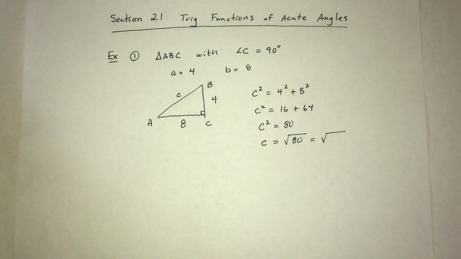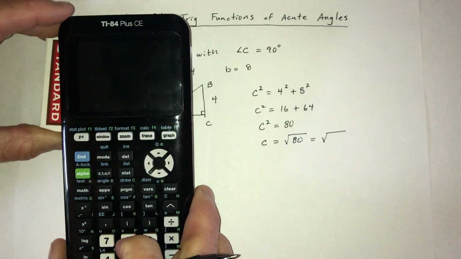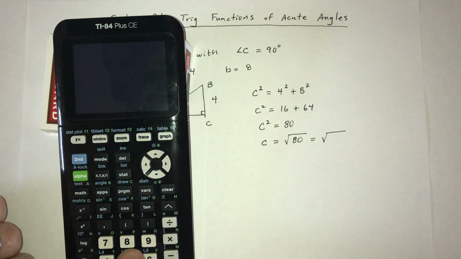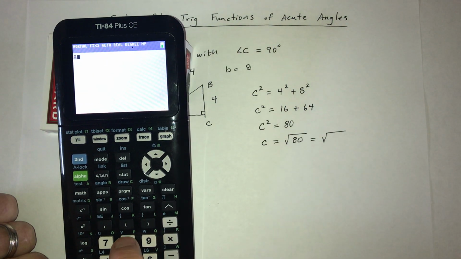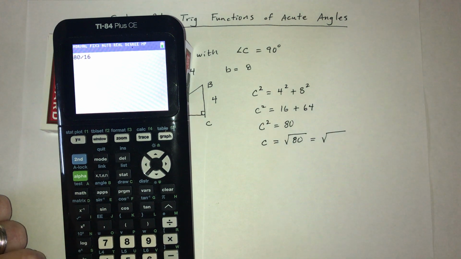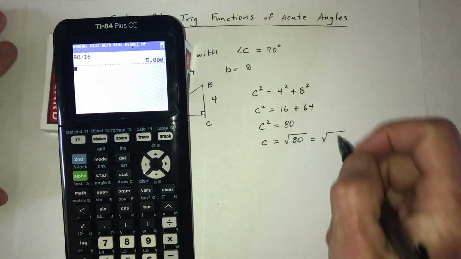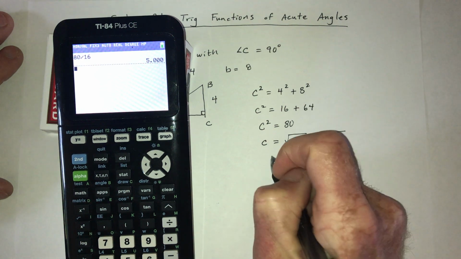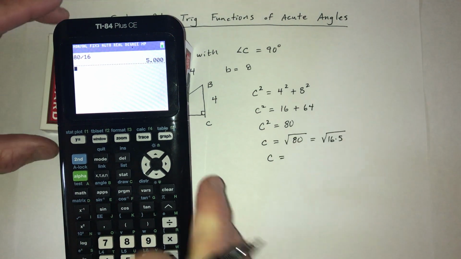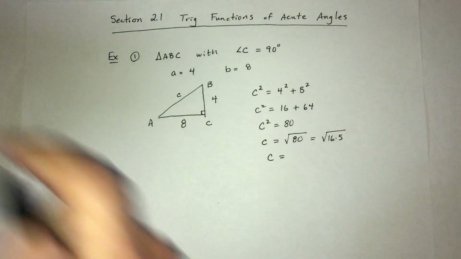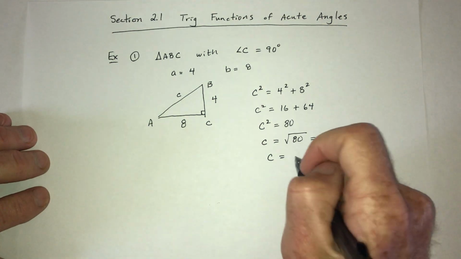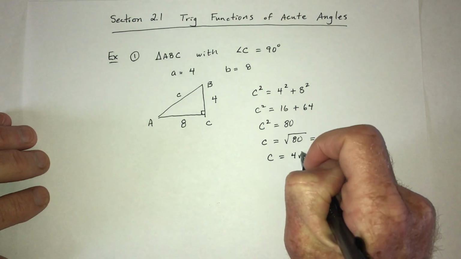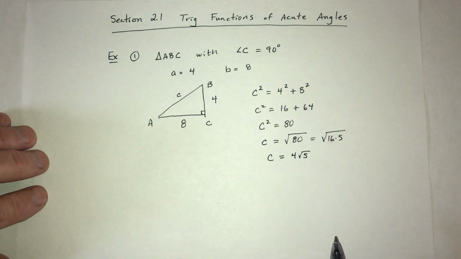Because I'm pretty sure that 80 is 16 times something. 80, is it divisible by 16? It's 16 times 5. First guess. So then, take the square root of the 16, that's a 4. And then the square root of 5 just has to stay as the square root of 5.